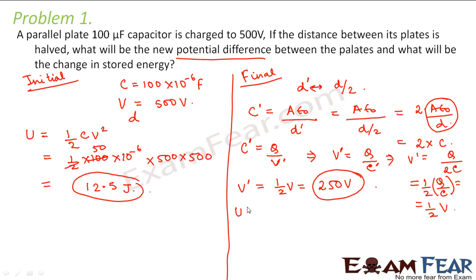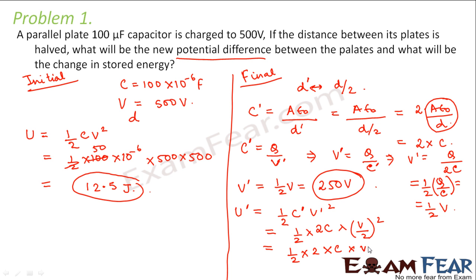Now you have to calculate the new stored energy, that is U dash, which will be equal to half C dash V dash square. So C dash is nothing but 2 into C, and V dash is nothing but V by 2 whole square. So this comes out to be half into 2 into C into V square by 4.